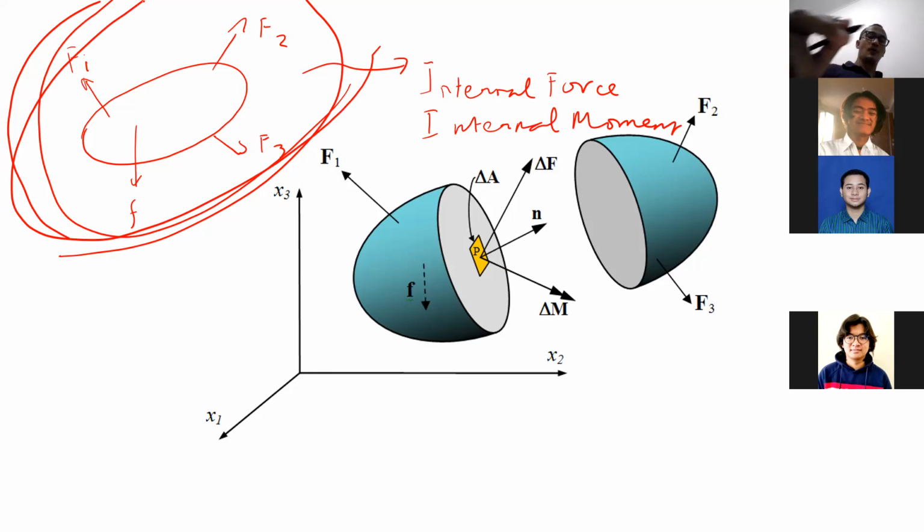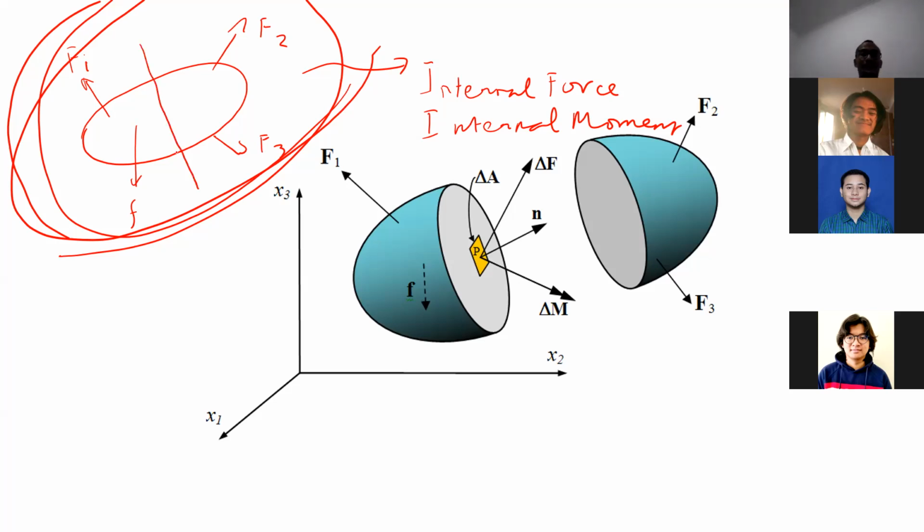For example, I want to get internal force at this particular point, at this particular location. In order to do that, what you have to do is just to do a section at that particular location.